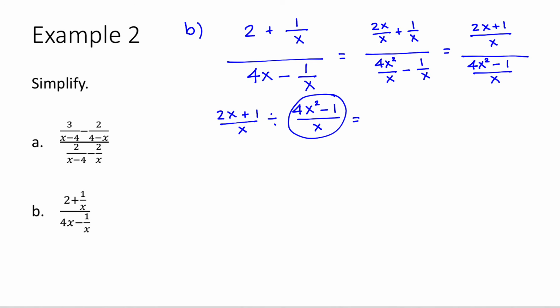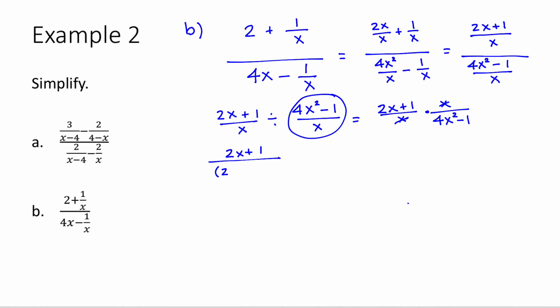Flip this fraction, turn it into multiplication. Now I can see that I can cancel these x's, but I can also factor that 4x squared minus 1. So let's see what we've got now. We've got 2x plus 1 over 4x squared minus 1.